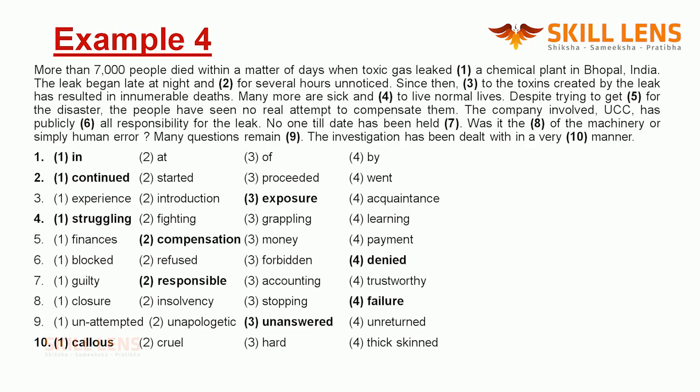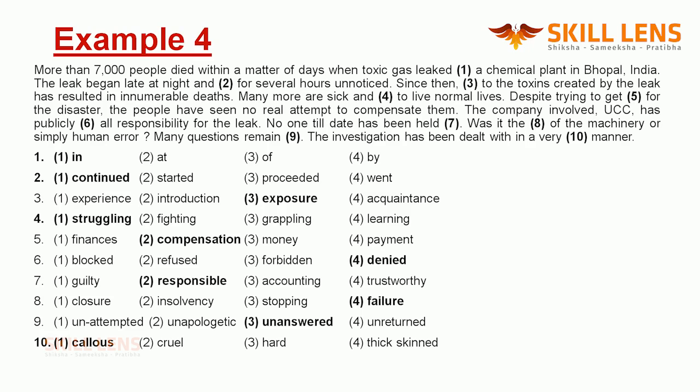Despite trying to get dash for the disaster, the people have seen no real attempt to compensate them. Here, the clue word or the link word that you need to look out for is the signal word despite. Despite is a contradictory signal word. So you need to look for a choice that is contradictory to the second clause.